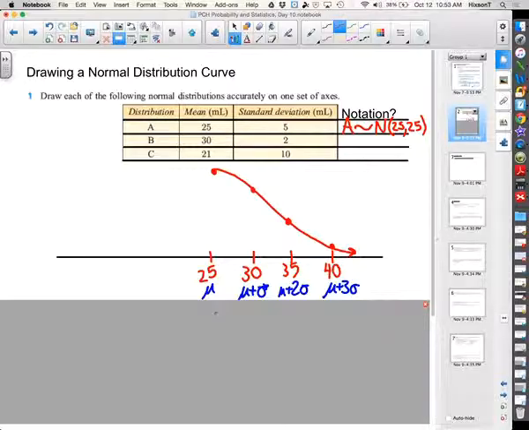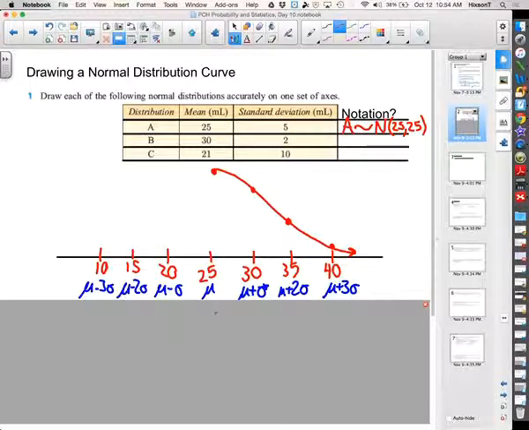So what we're going to do on the left-hand side is we're going to subtract 1, 2, and 3 standard deviations. So we have mu minus sigma, mu minus 2 sigma, and mu minus 3 sigma. Okay? So what value would this be? 20. And then this would be 15, and this would be 10. Okay? Now, our bell curve should be symmetric.